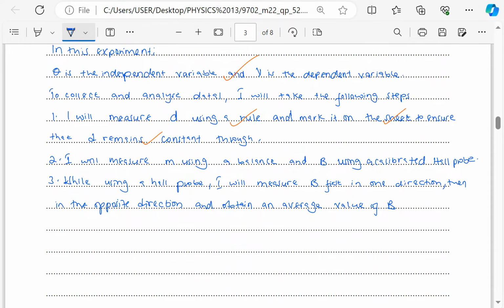Okay, step number 4. Remember, B and M must remain constant. So I will ensure that M and B remain constant throughout.